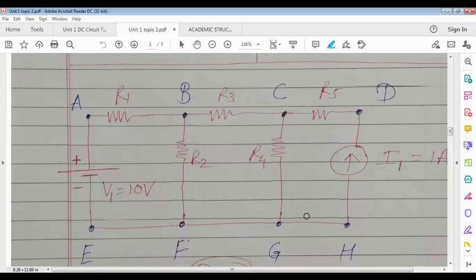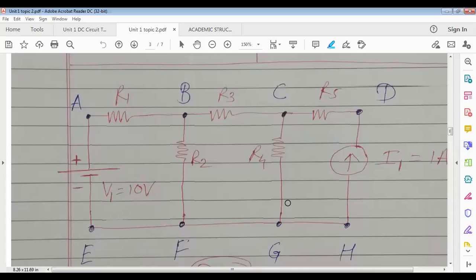Now onwards we'll be using only the word loop for closed path. But only to get the difference between mesh and loop, I'm telling you. Mesh means no further loop inside it. And loop means there can be or cannot be. A mesh you can call a loop also, but not every loop is necessarily a mesh.